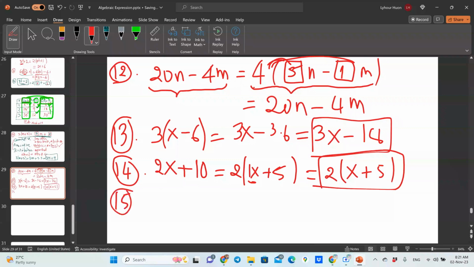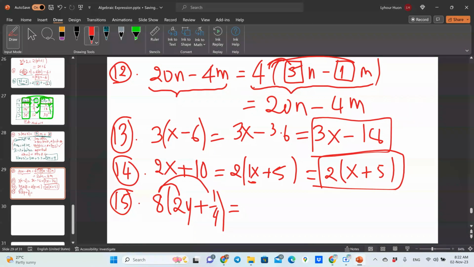15, okay. Next, 8 times 2y plus 1 over 4. What will be the result? It's 16y.